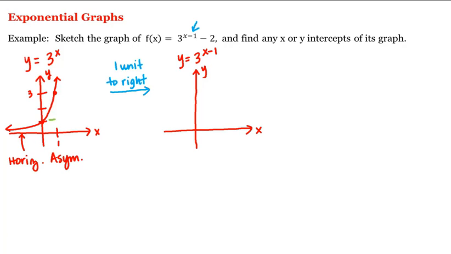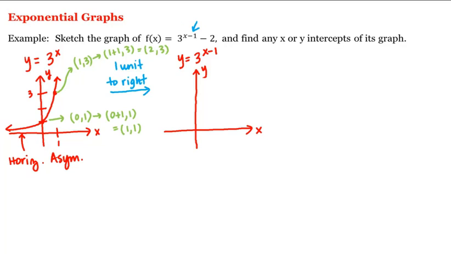What's going to happen to this point over here, 0, 1, if we shift our graph 1 unit to the right? This is going to move to 0 plus 1, 1, or 1, 1. And what's going to happen to this point here, 1, 3? It's going to move to 1 plus 1, 3, or 2, 3.